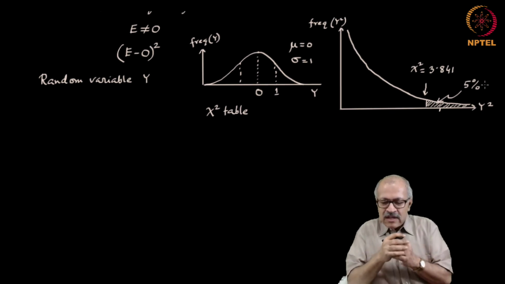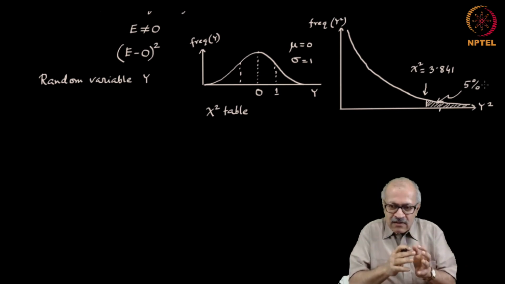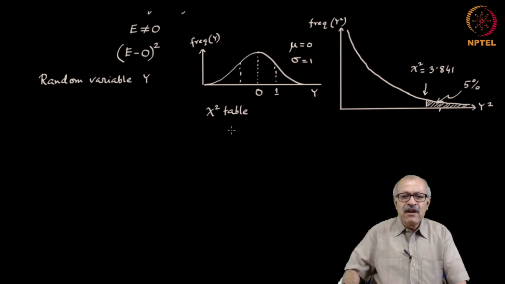Now, you know that we have been talking about the level of confidence, and there is another thing, the level of significance, that is equal to 1 minus the level of confidence.